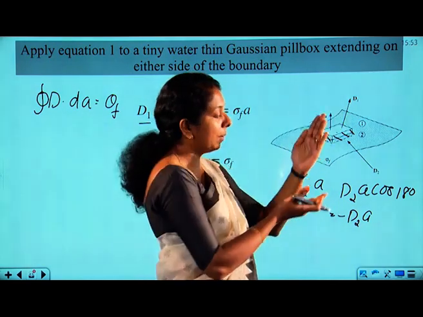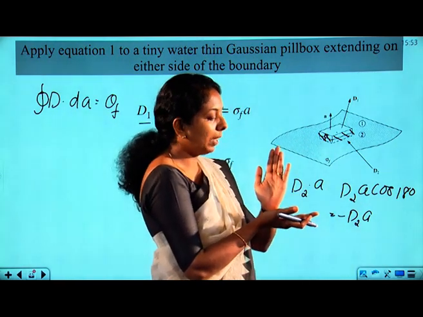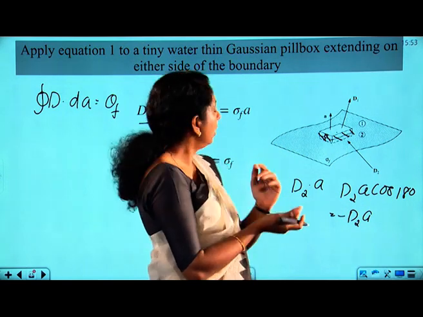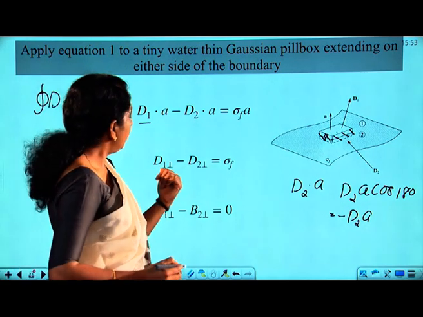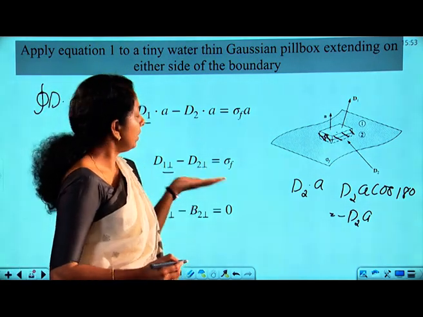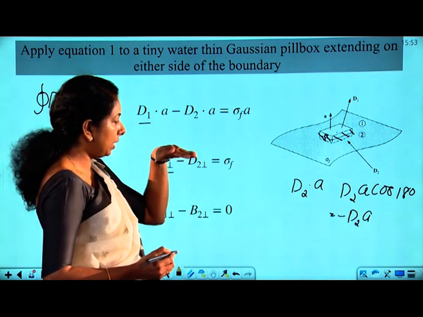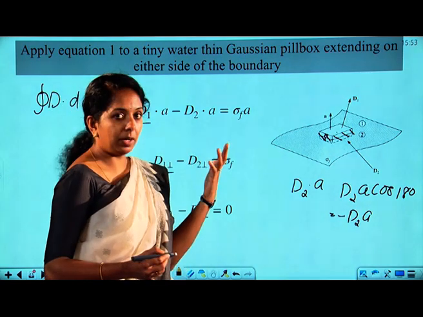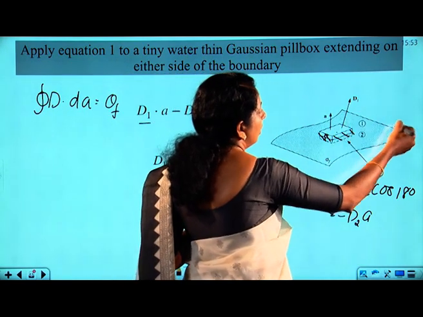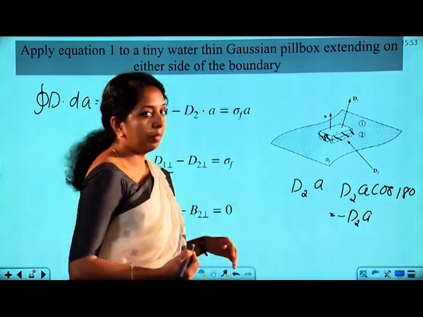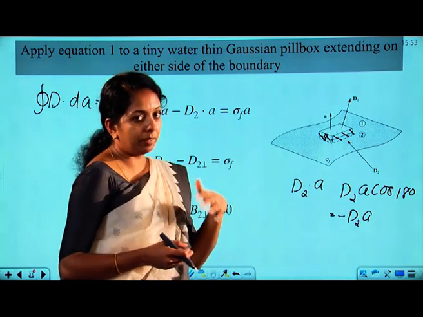So, this component is perpendicular to the surface, because here we have a surface like this, horizontal, and we are picking d1 dot A along the vertical direction. That is the reason why we are choosing this as perpendicular. d1 perpendicular minus d2 perpendicular, that means d1 perpendicular means the perpendicular component of d in the first medium, d2 perpendicular means the perpendicular component of d in the second medium, because I told you that this plane sheet having surface charge density sigma separates two media, one above and the other one below.